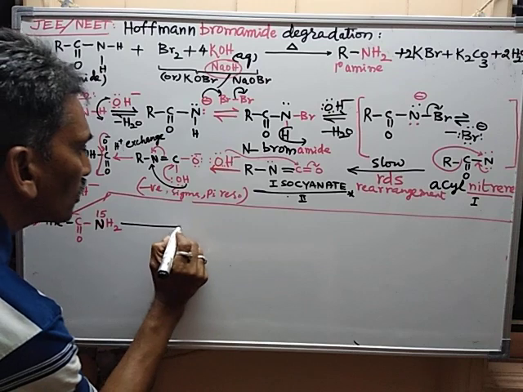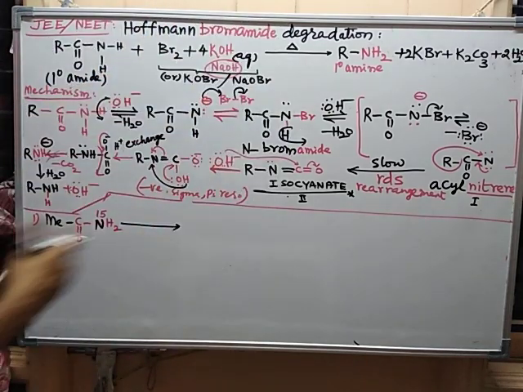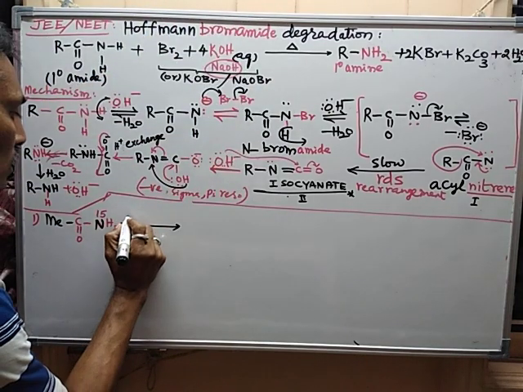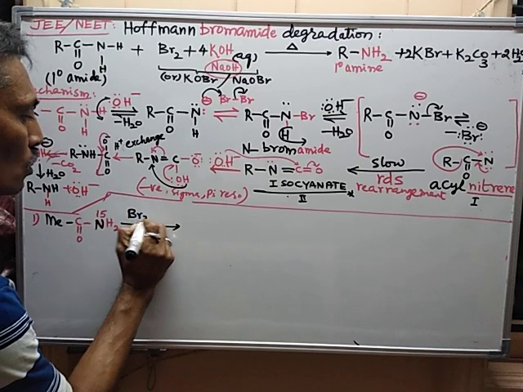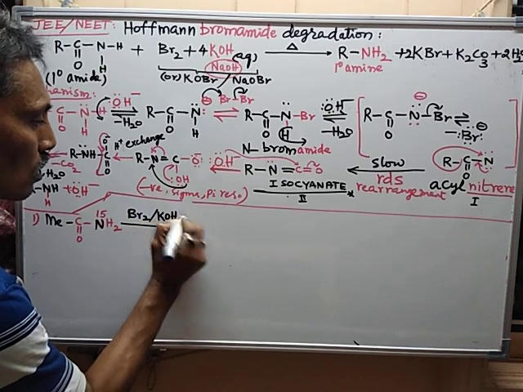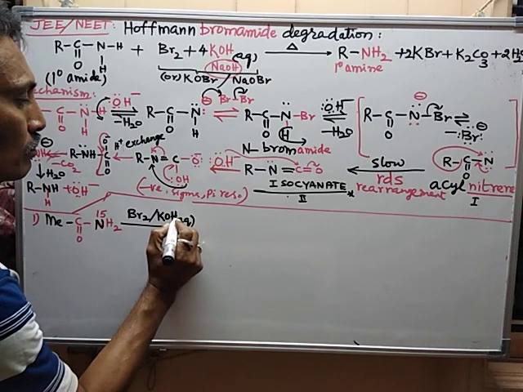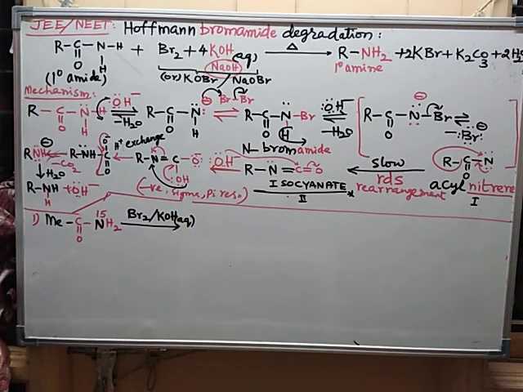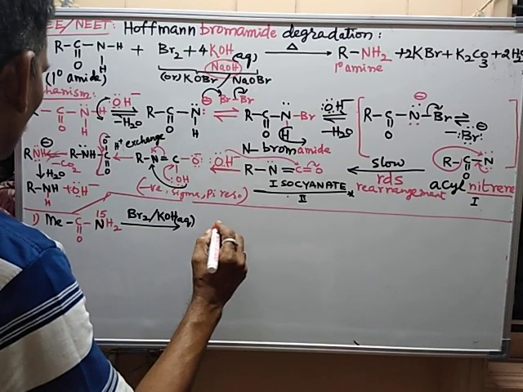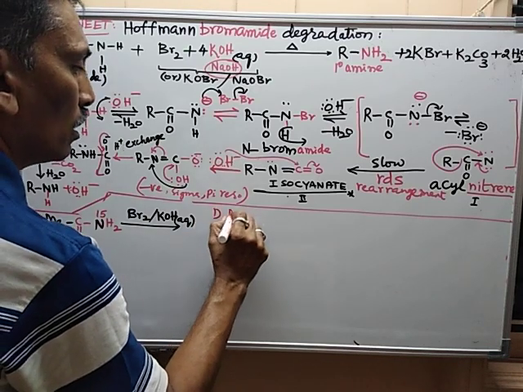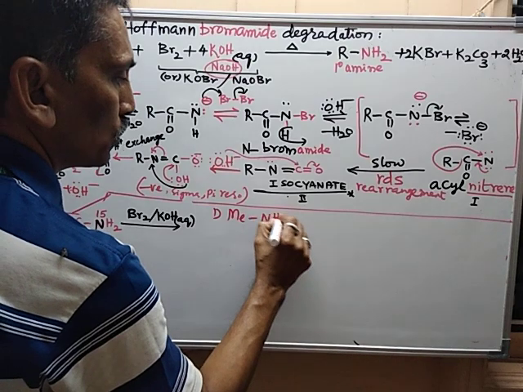Now, simple. Instead of writing the total reaction, you are expecting the product. That is Br2, KOH, as usual aqueous. Then, what is the product? I would like to give two options for your better observation. Option 1, MeNH2.